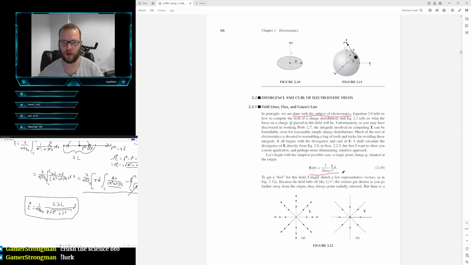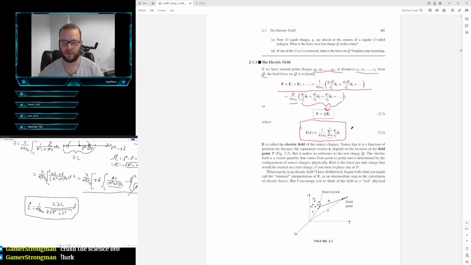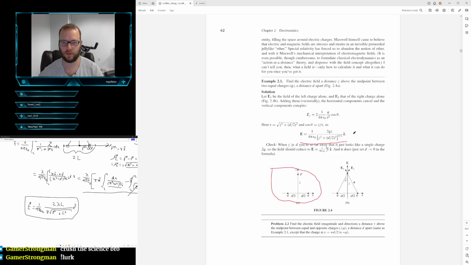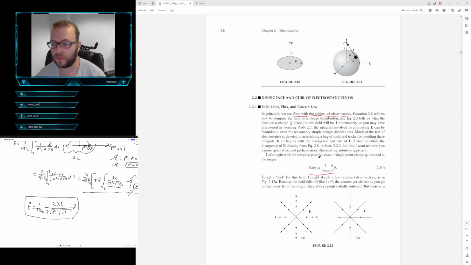This is going off of equation 2.4. We know that the strength of the field is inversely proportional to R squared.